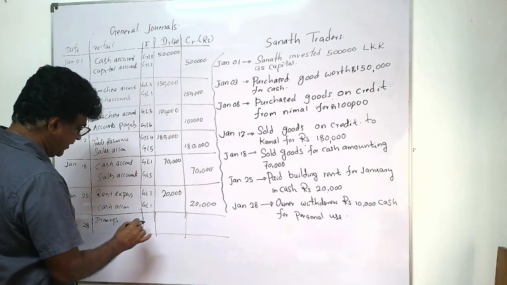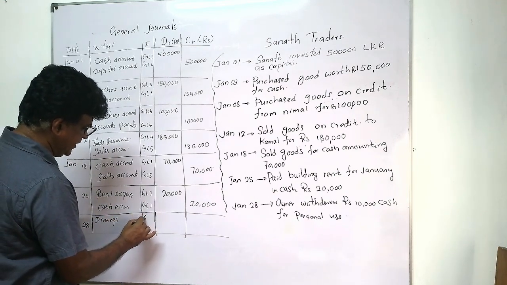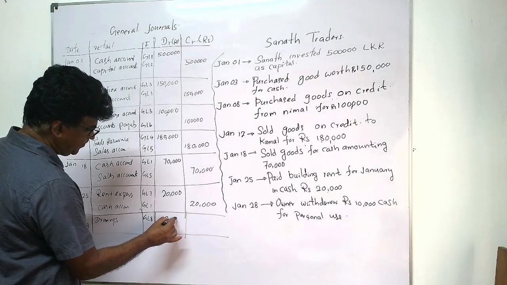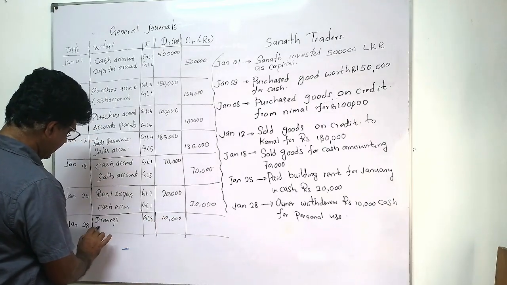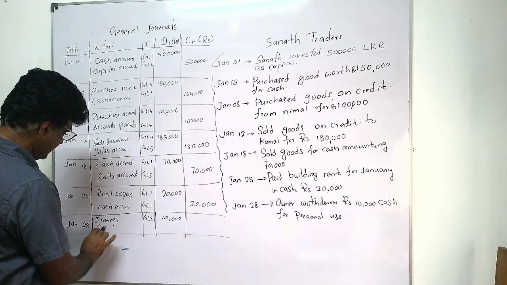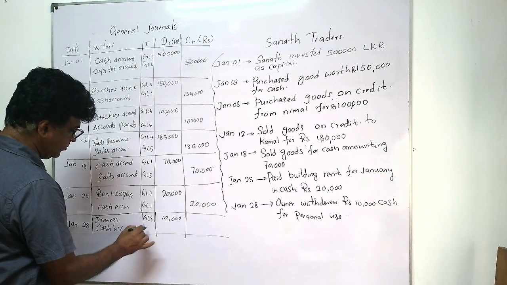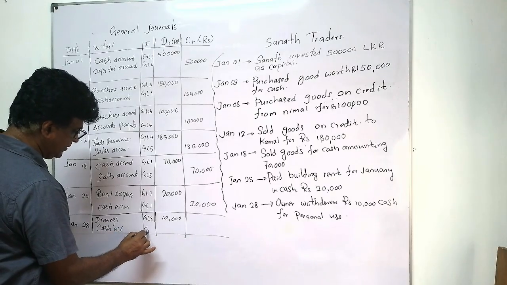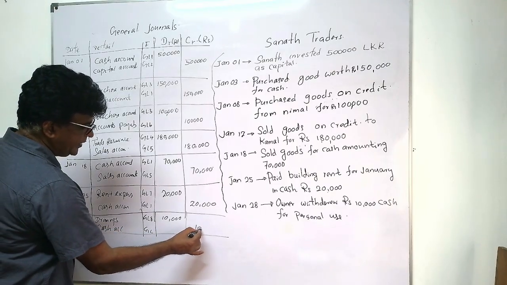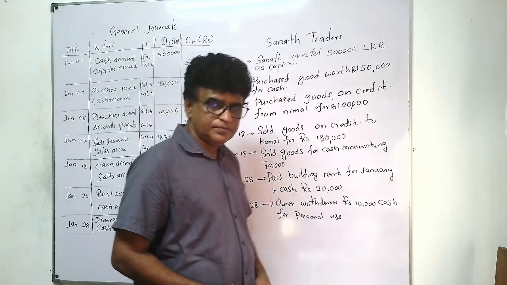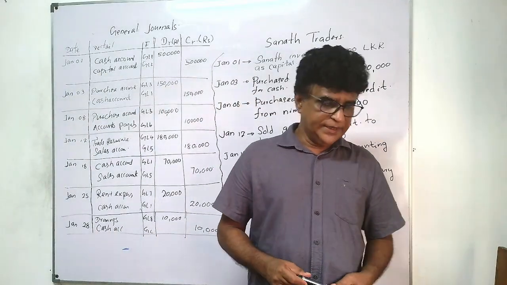Drawings account debited, we'll say that is GL8 by 10,000, right? That has been withdrawn in cash, account GL1, credited by 10,000.